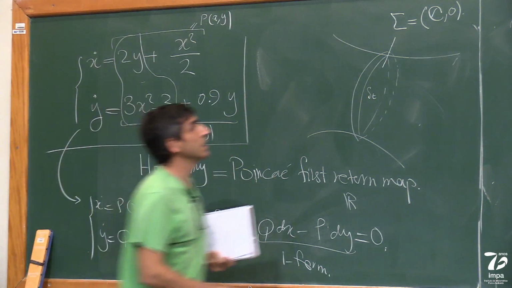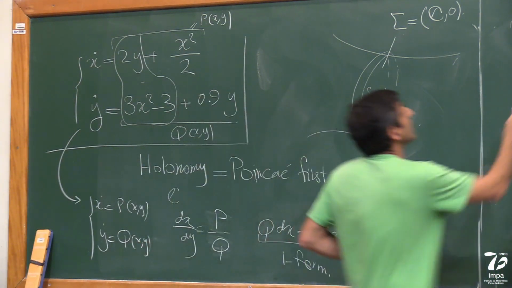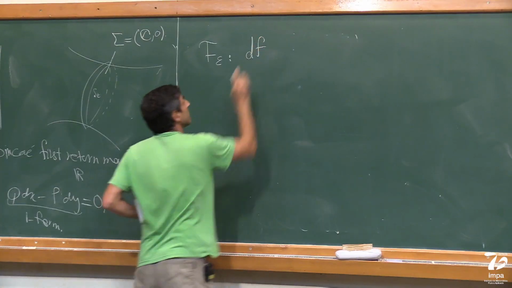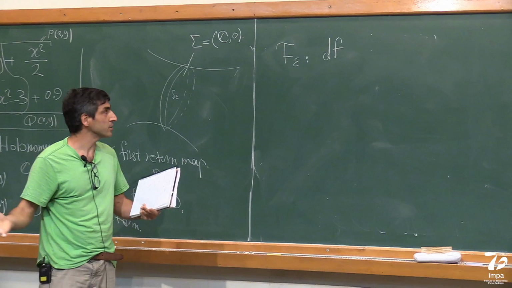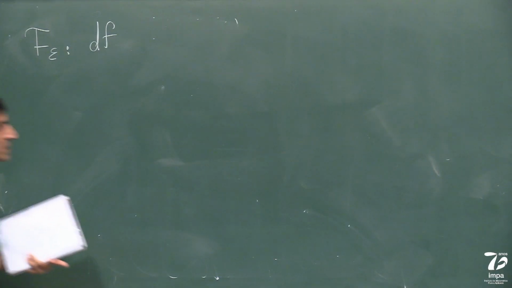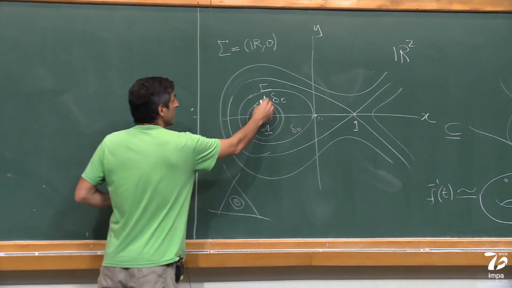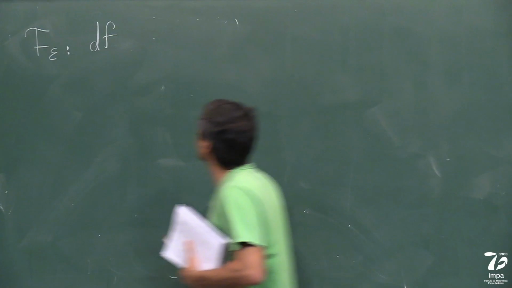Something which appeared in the first talk: the Hamiltonian one, dF, has no dynamics, but you can perturb it to an arbitrary differential one-form. And this will have dynamics, in the sense that, for example, there will be trajectories accumulating on this point.